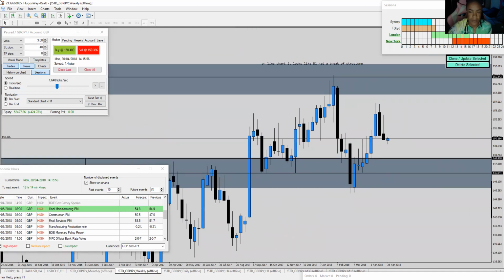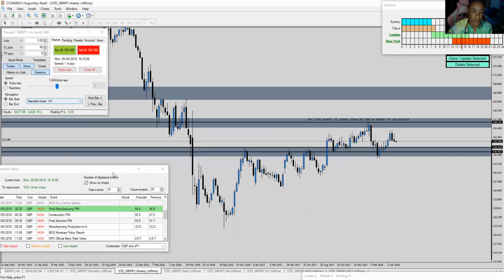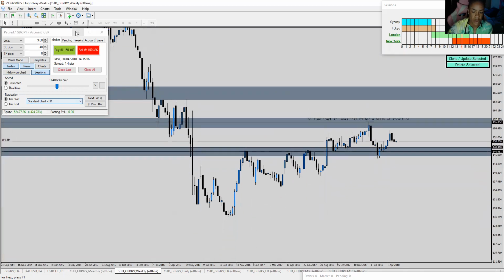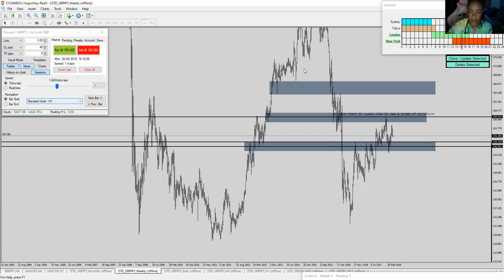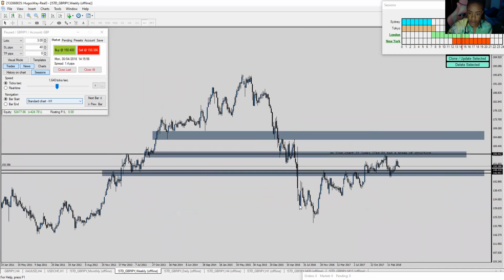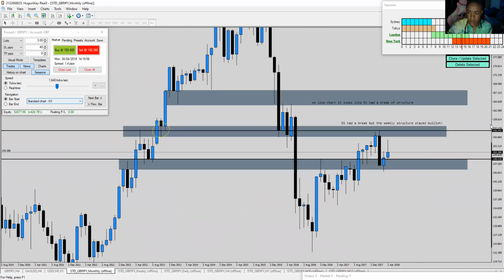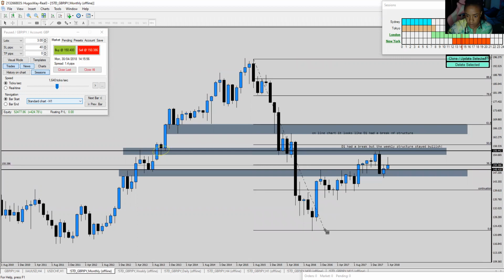So that was all in the monthly. On the weekly now, right before I took the trade, I remember one of the first things I did was put a fib on this chart, because this looks like a massive bearish move. On the monthly, it kind of looked like you could put a fib on it, point A to point B. That's how I drew it.